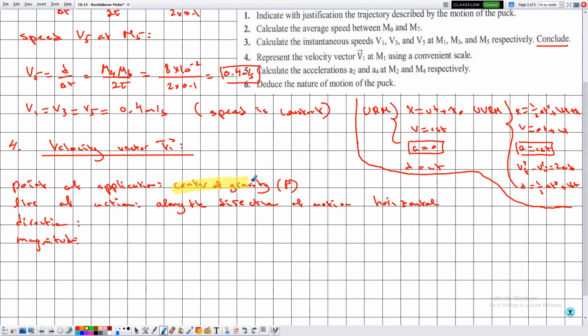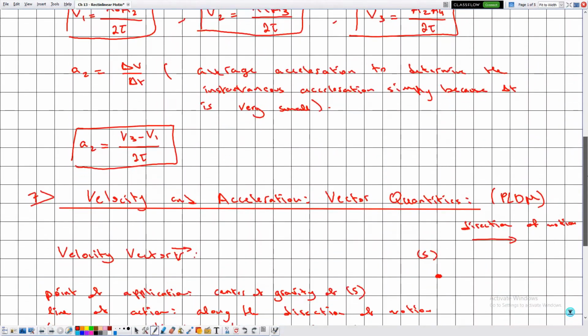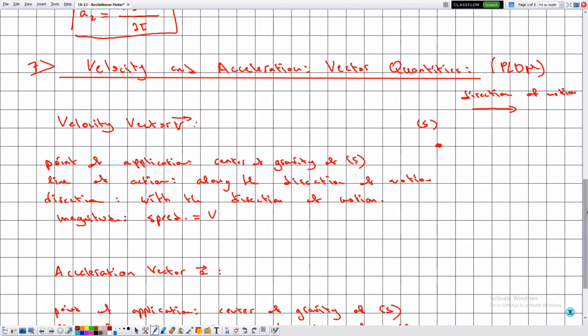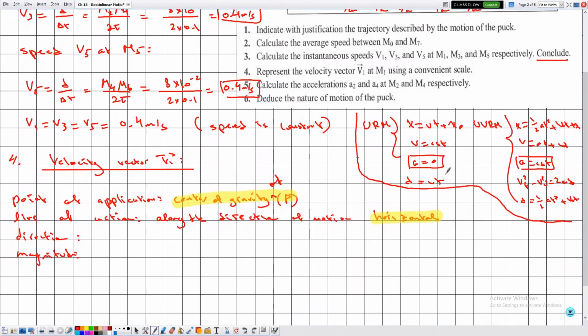So this is the center of gravity P, the horizontal here of P. Now what about the direction? If we recall the previous page, the direction is with the direction of motion. And here the direction of motion is from left to right. So it is moving from left to right because it started with the initial speed at this point, moving from left to right. So the direction is to the right.